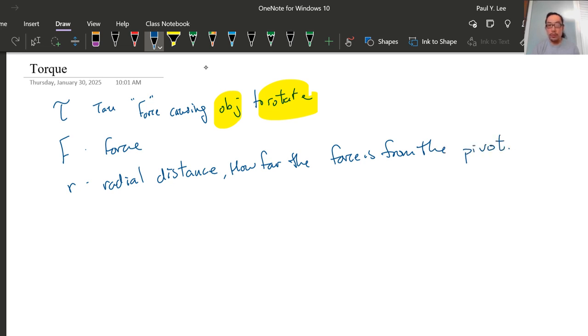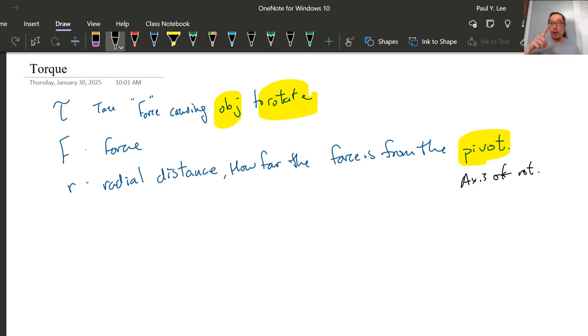Okay, so let's go over the word pivot, because I'm going to be using the word pivot. Sometimes I'm going to be using the term axis of rotation. But the big idea here is the pivot or the axis of rotation is the point that the object is spinning around. So, for example, if you turn your head side to side, your axis of rotation would be from your neck, right?